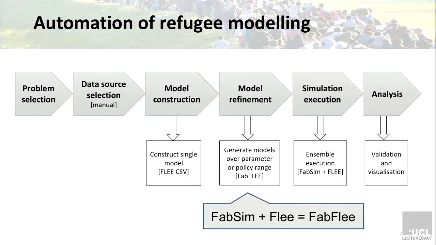So we generate models of a parameter or policy range using FabFleet, which is FabSim incorporated with our Flee. We execute our simulations. It's an ensemble of executions, also automated at the moment. And then we have validation and visualization. We haven't touched upon that yet.